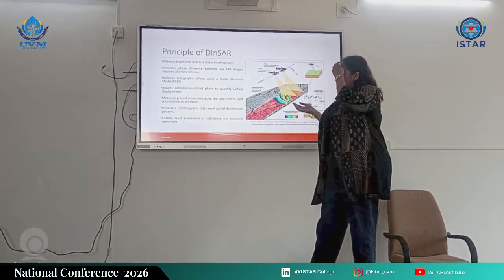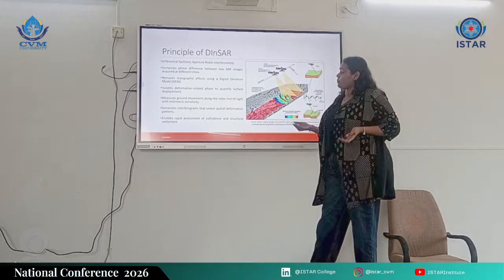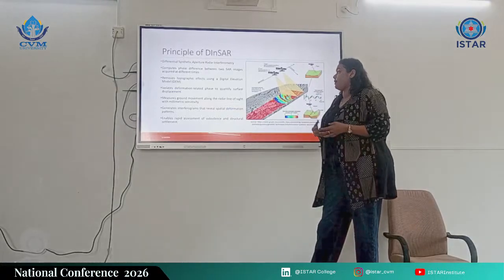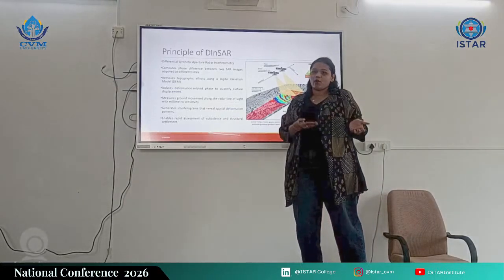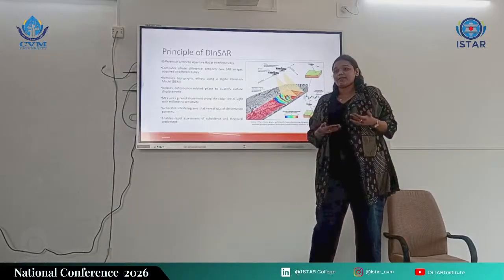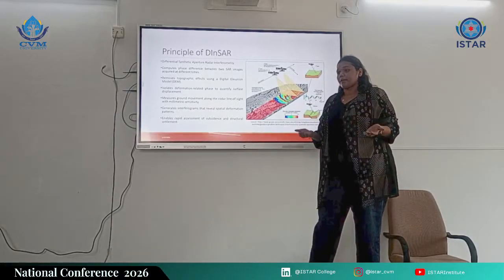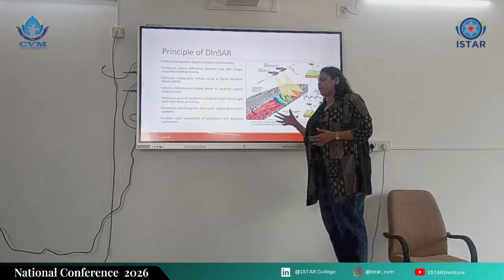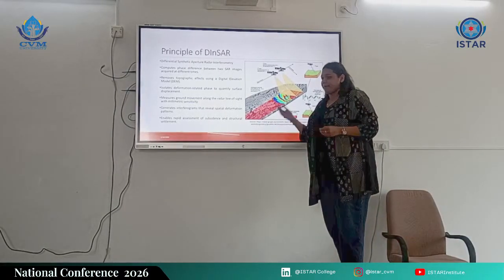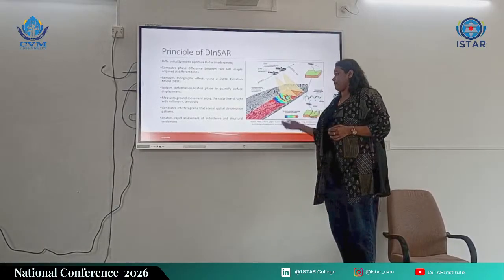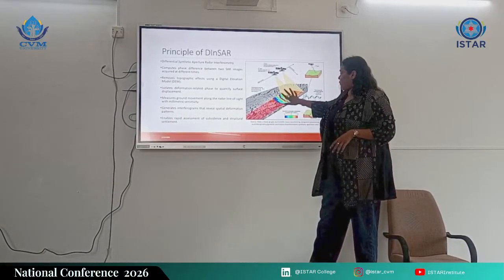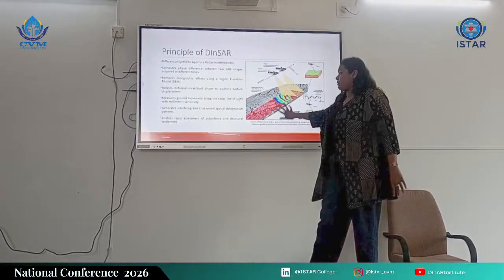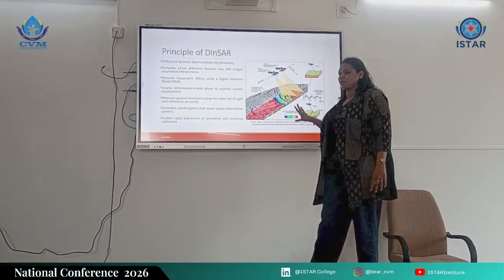Then we use a DEM to remove the topographic effect and isolate the information on how much a particular land is subsiding using these two images. It has the capability to give millimeter level sensitivity. It generates an interferogram image like this, which helps to get the structural settlement.